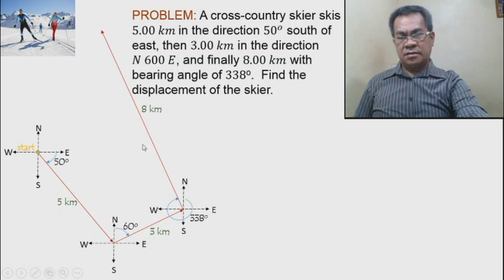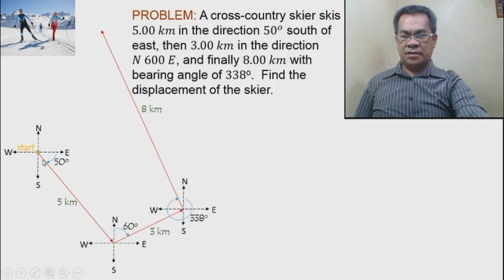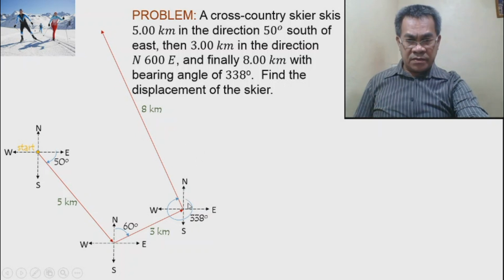So 8 kilometers, 3 kilometers, and this is 5 kilometers. They started at this point, then traversed until they reached the final point. What's the question? By the way, a reminder about the bearing: 338 is positive, so it should be clockwise.